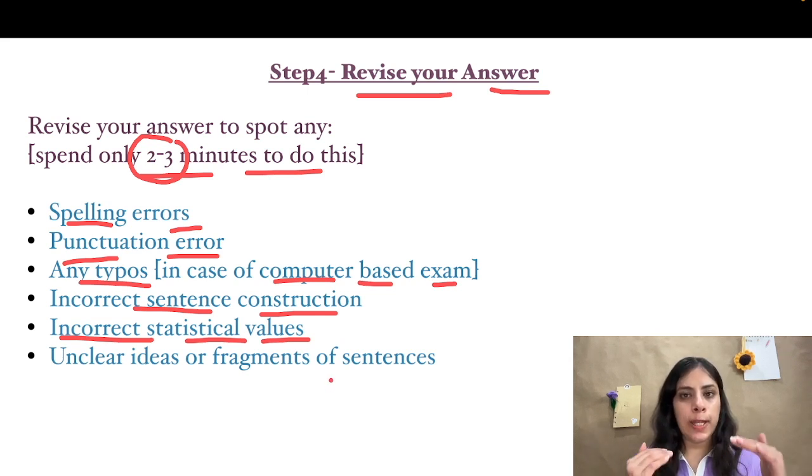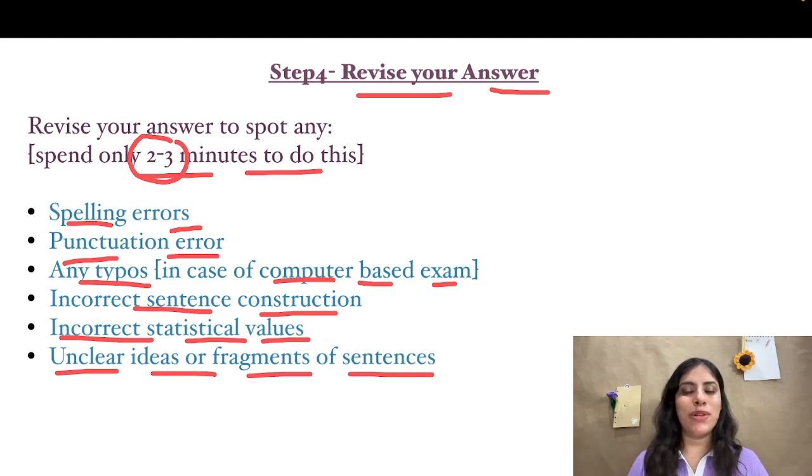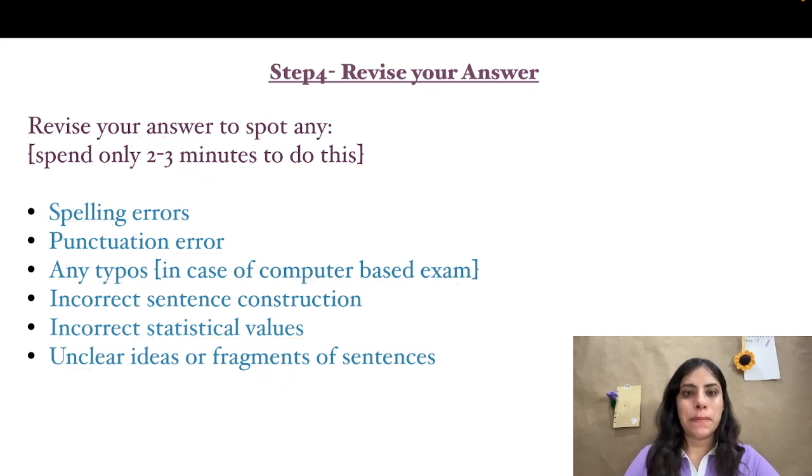It needs to be in accordance with the question given to you. Then, unclear ideas or fragments of sentences. As I mentioned, when you're revising, revise it from a reader's perspective. If you're the examiner or if you're the reader and you're reading this, is it bringing clarity to you? Is it on point? So make sure that you take care of this.